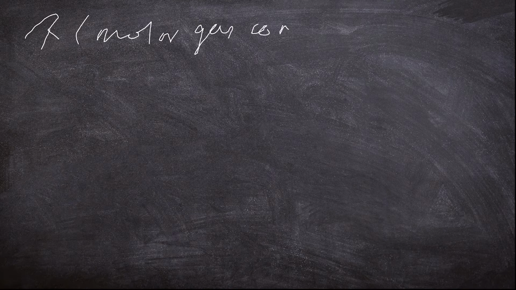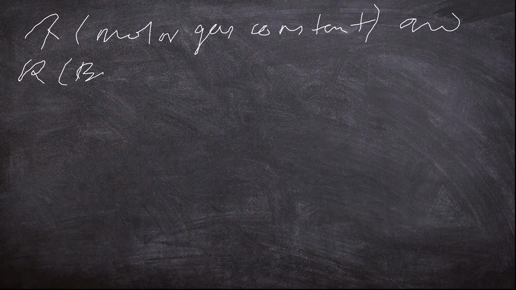Okay. So one last equation we have is about the molar gas constant R and the Boltzmann constant k, which are connected to the Avogadro constant. R is the molar gas constant, and k is the Boltzmann constant.